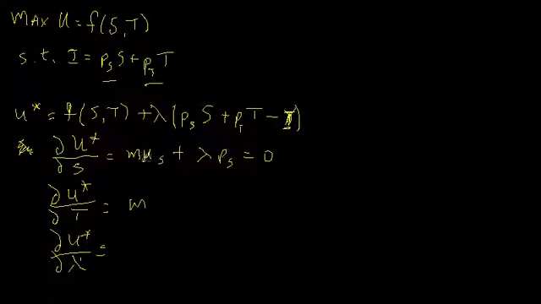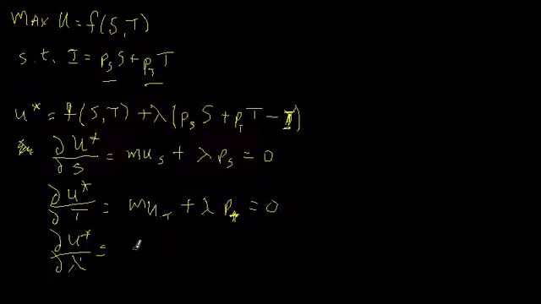The partial derivative of the Lagrangian function with respect to t is the partial derivative of f with respect to t, which is the marginal utility of t, plus now the partial derivative of this Lagrangian constraint function with respect to t, which is going to be lambda PT, and that's going to be equal to 0.